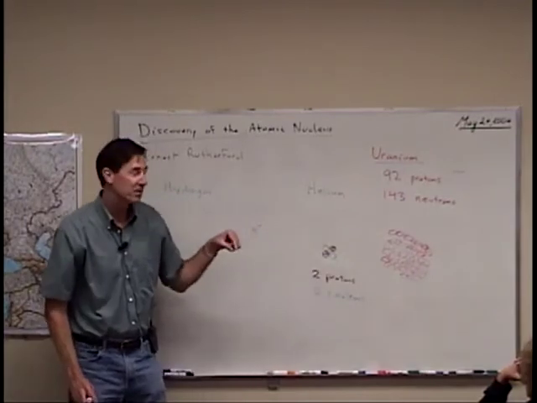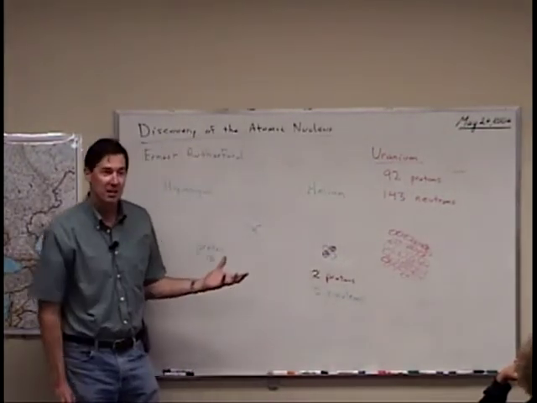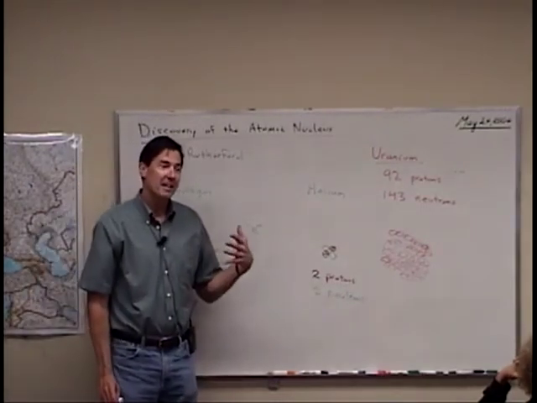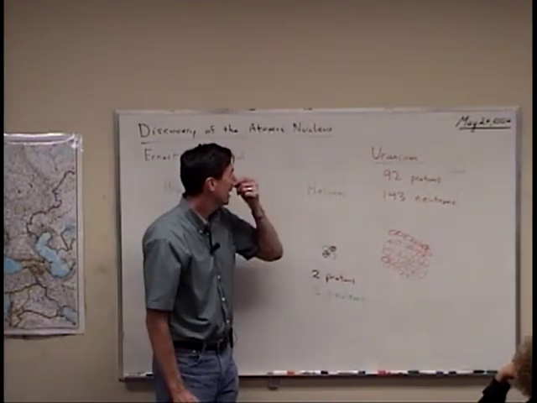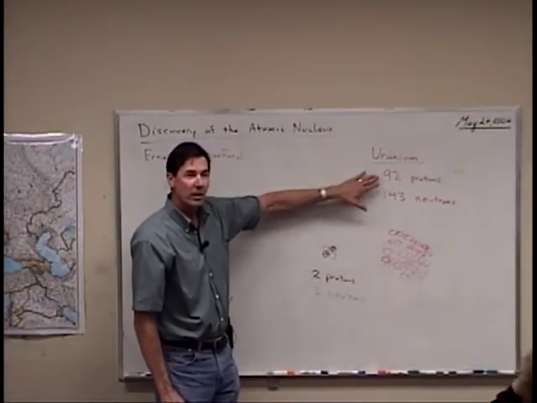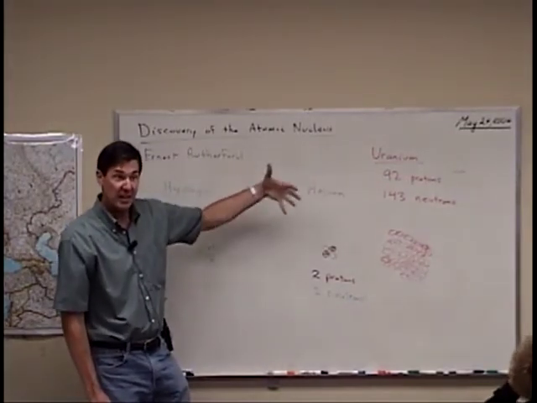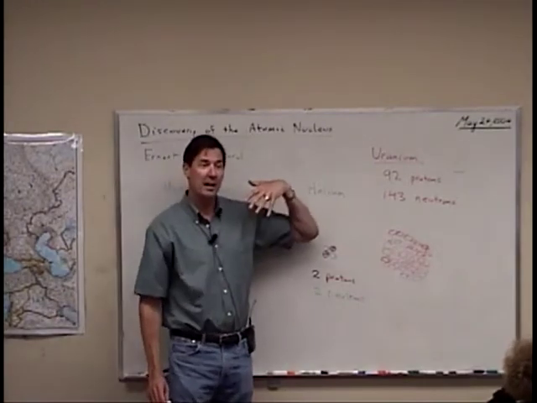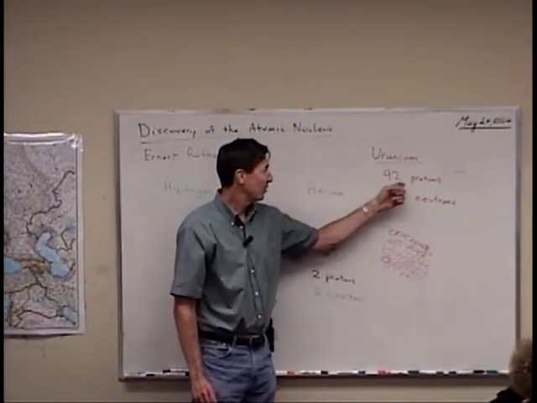Now, I told you this morning that, in fact, it's been empirically discovered that anytime you have atoms that have more than 82 protons, which is the number of protons that lead has, when you get heavier than lead, these atoms will break apart.